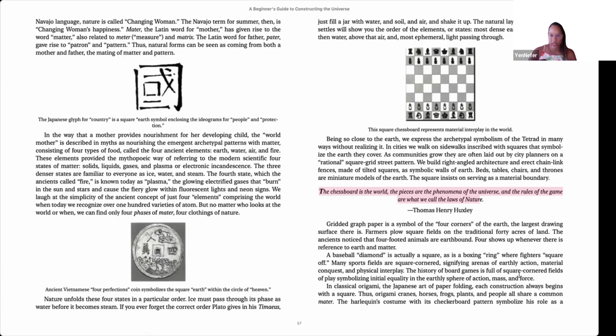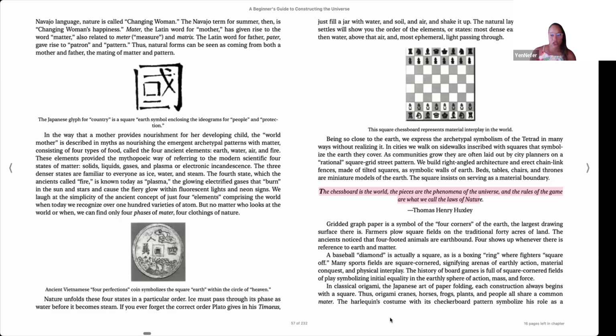The history of board games is full of square-cornered fields of play, symbolizing initial equality in the earthly sphere of action, mass, and force. In classical origami, the Japanese art of paper folding, each construction always begins with a square. Thus, origami cranes, horses, frogs, plants, and people all share a common materia.